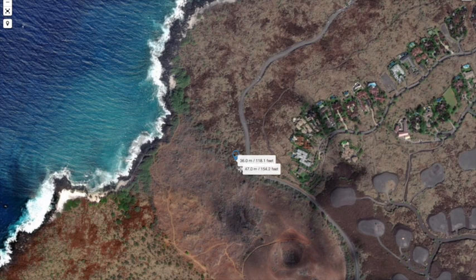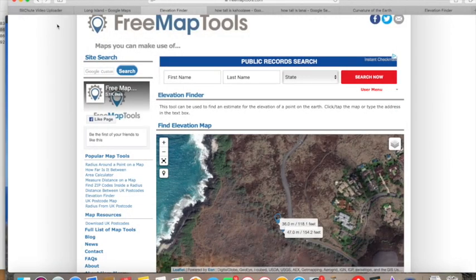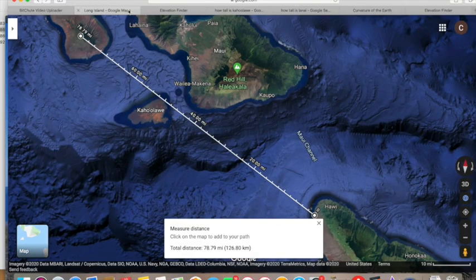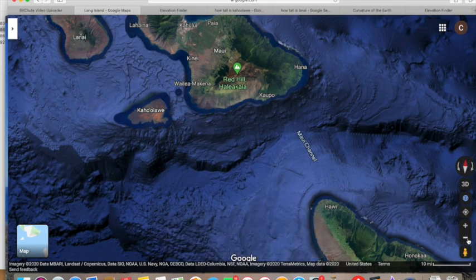All right, let's say 154 feet of elevation. And let's measure the distance.